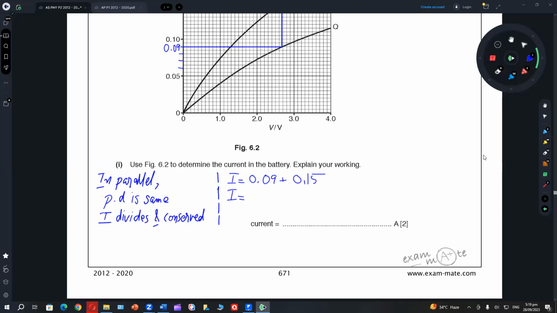So see this working? What is the answer for this?